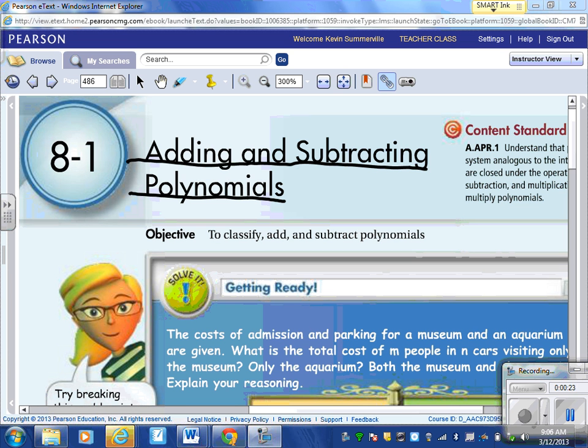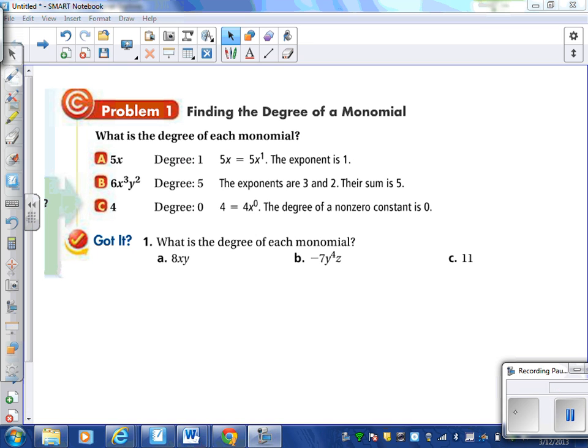The objective is to classify, add, and subtract polynomials. Let's take a look at problem 1.